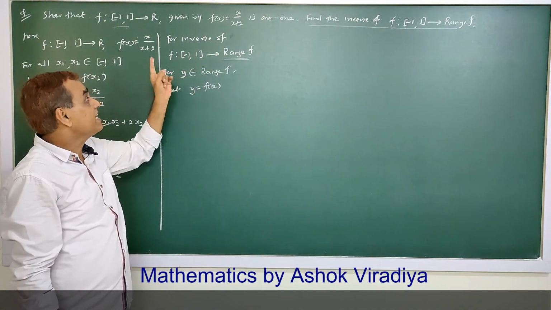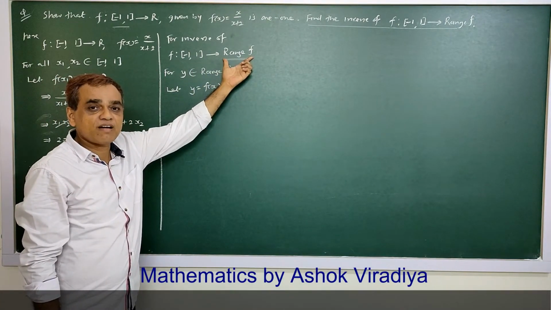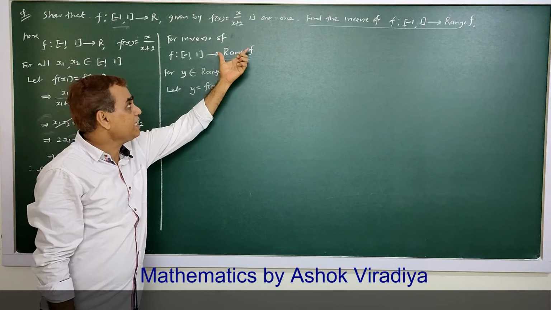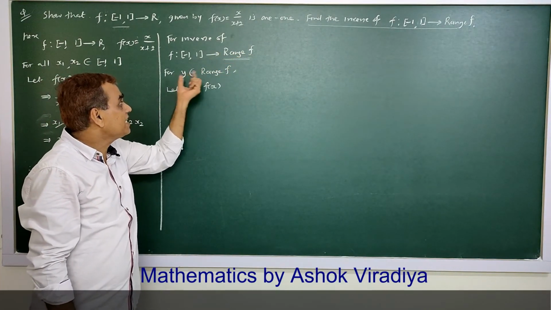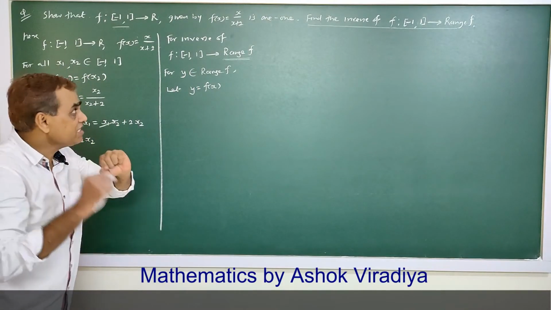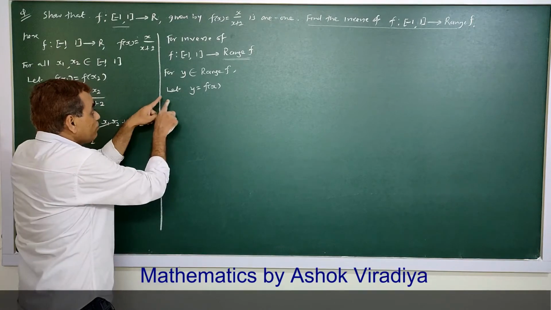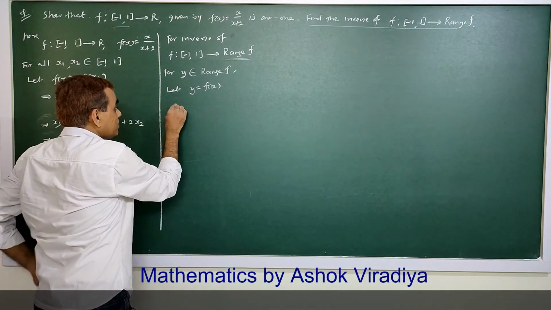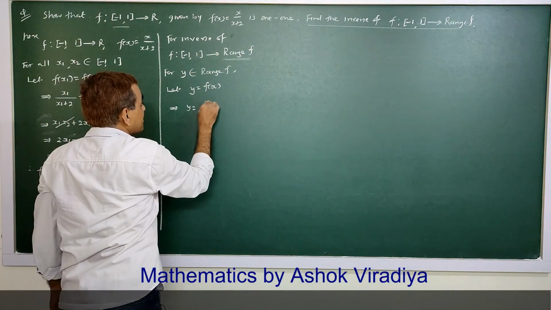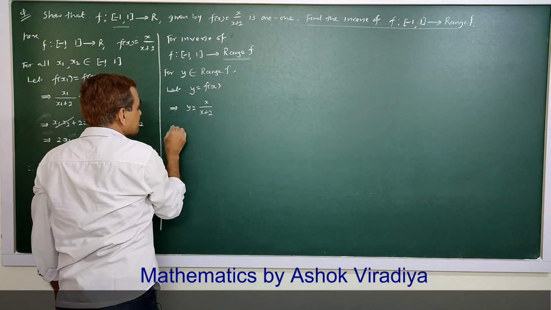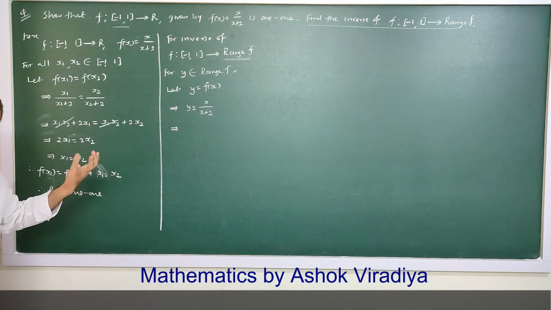We want to find the inverse of this function whose domain is the range of f. So for any y from this set, y is an image, and because it is in the range, it is the image of someone. So suppose y is the image of f(x). Here I am putting f(x), which is x upon x plus 2. From this we find the value of x.